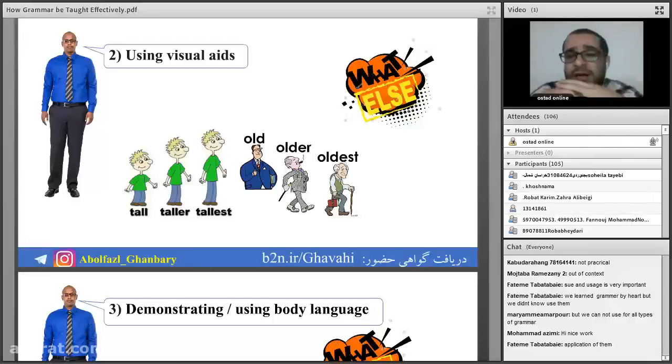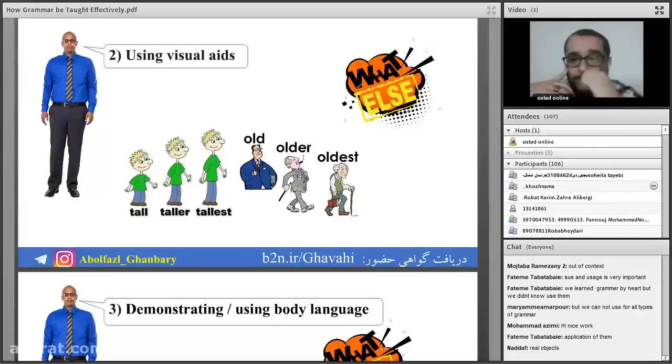But I want you to think about other rules. We can use visual aids for presenting those grammatical rules. What else? What can we present except comparative and superlative adjectives through using visual aids? Can you give examples?